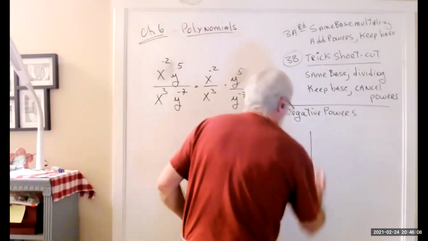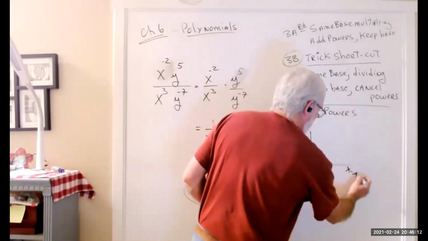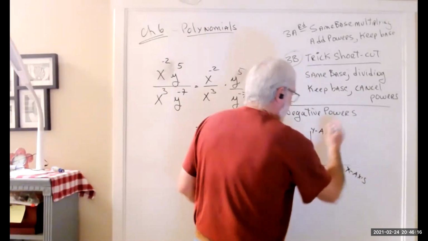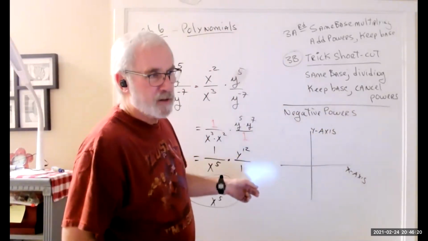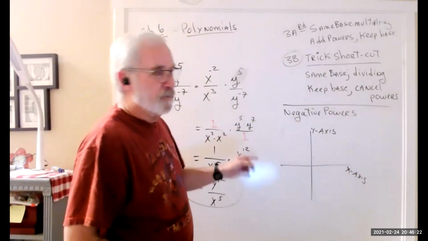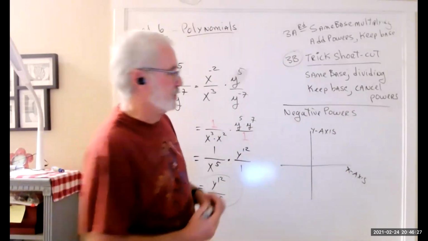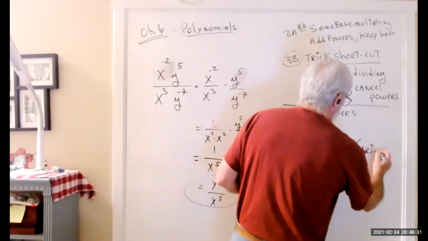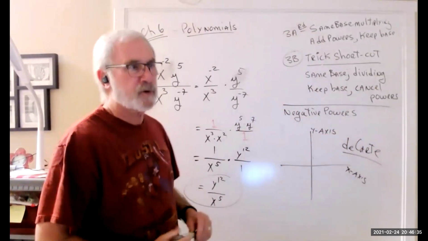But you guys know about the XY axis. This is the X axis. This is the Y axis. Okay, and we use this all the time for graphing. Do you want to know who invented that? A French guy. His name was Rene Descartes. Okay, Descartes. Rene Descartes. And he was a philosopher, a mathematician.